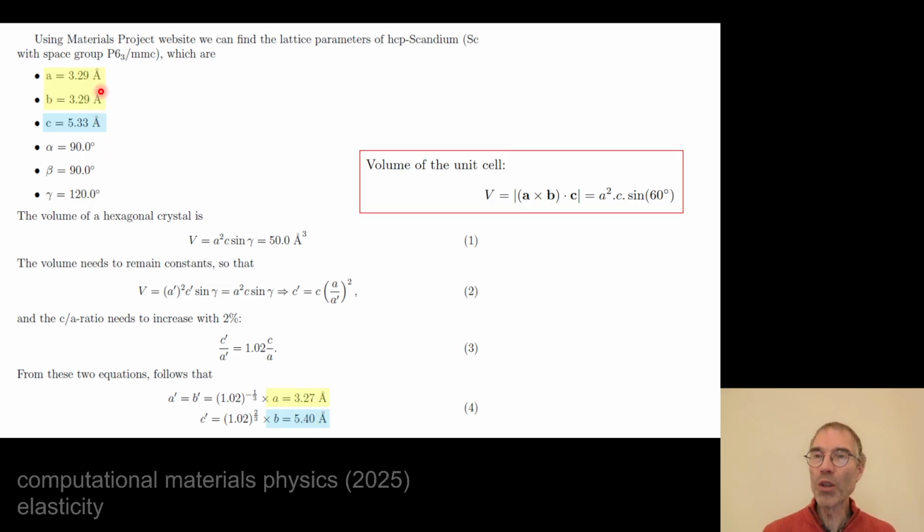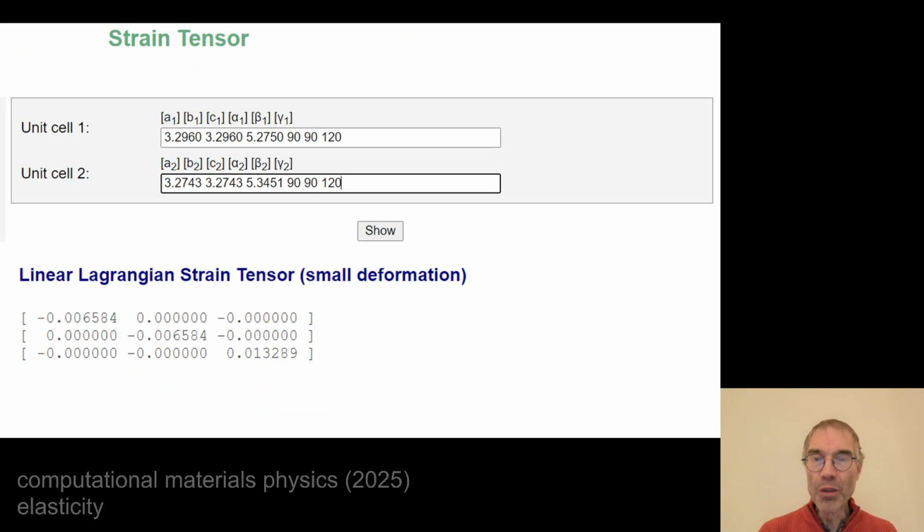So a bit smaller here, a bit larger in the C direction. If you put that into the Bilbao server, so here are these numbers, then you get this strain tensor. 0.006, 0.006, and 0.013, minus, minus, and plus.